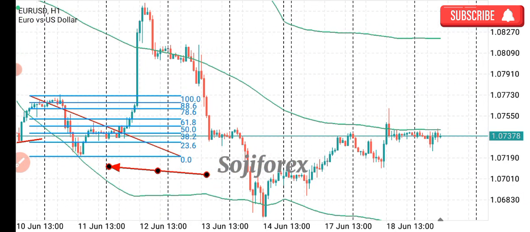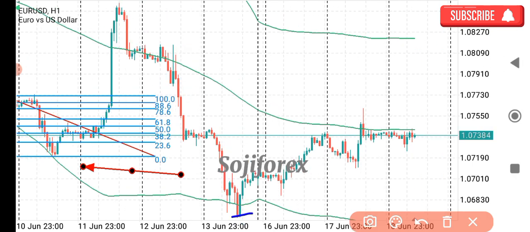Like in this live market scenario, we have this structural point. These are our structural points. This is a higher high. This is a higher low, another higher high, and another higher low.